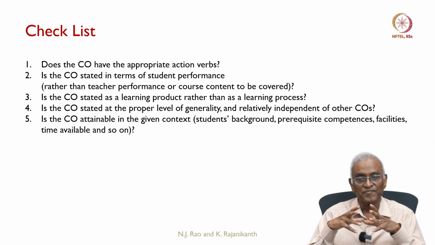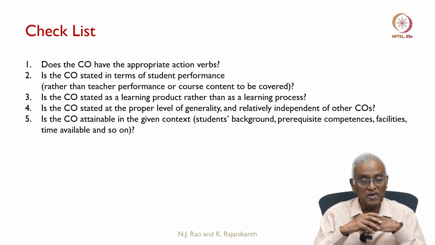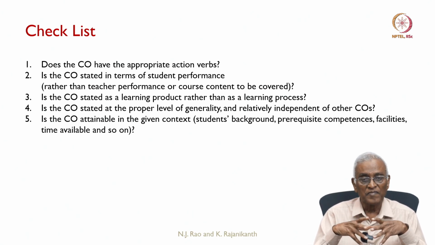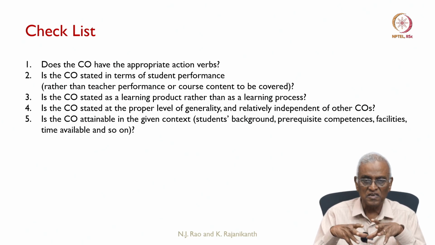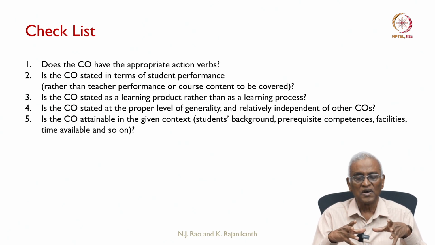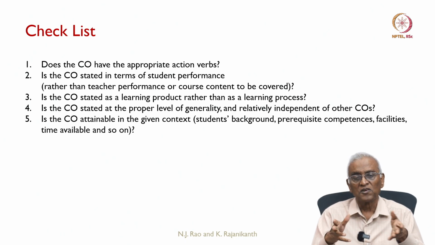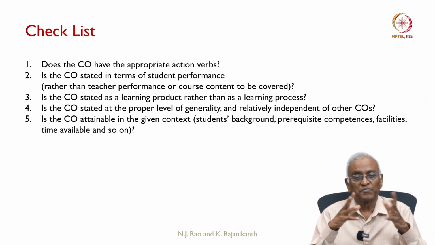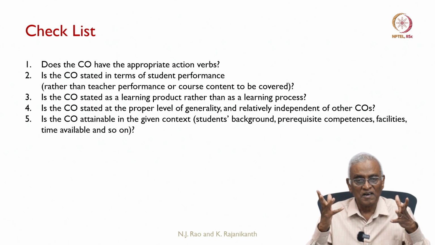Sometimes we can go overboard in putting a very high expectation, but it should be achievable, attainable with the kind of students you have, with the infrastructure, the time, and other resources that you have. If it is not achievable, there is no point in writing a very high, unattainable CO just on a piece of paper.